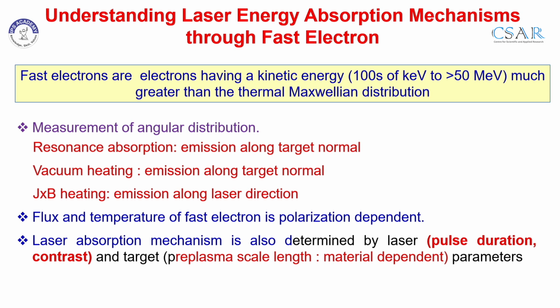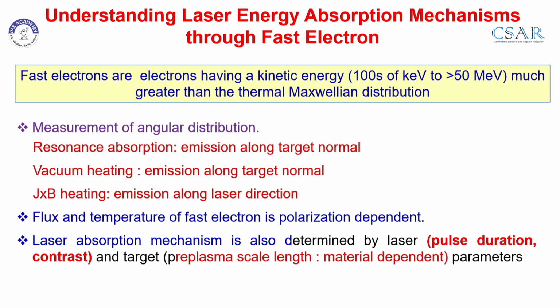If resonance absorption happens, the emission comes along the target normal direction. If it is vacuum heating, again the emission comes along the target normal direction, and then you have to distinguish by estimating your density scale length. In J cross B heating, the emission of the fast electrons would occur along the laser direction.